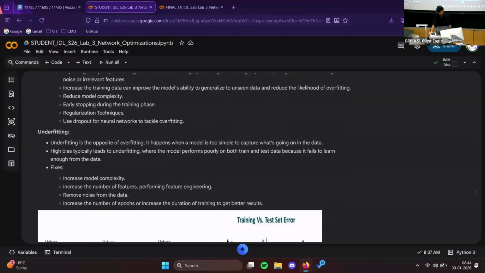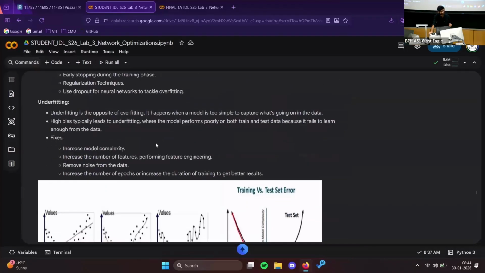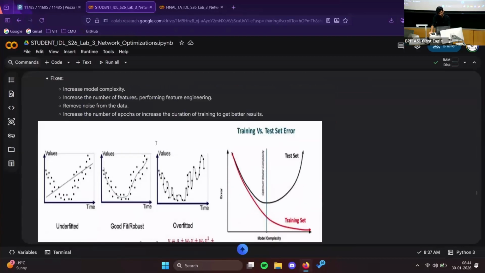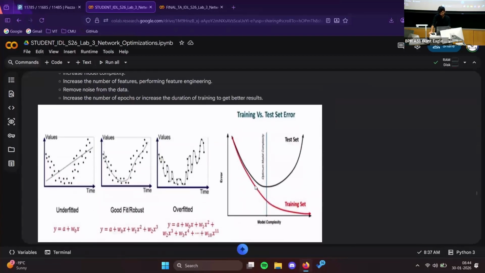And the next one is underfitting. Underfitting means the model failed to capture all the underlying patterns from the training data. If you look at this graph on the right, initially the model will not know anything, so it's underfitting. As we run for more epochs, the model will learn and try to fit the data. But if you run for more epochs than required, the model will start memorizing the training data, which is bad.